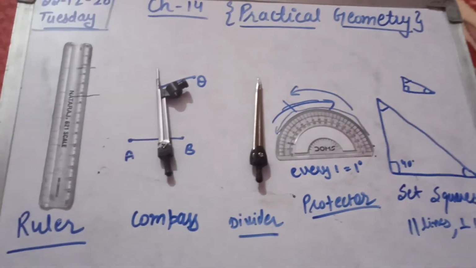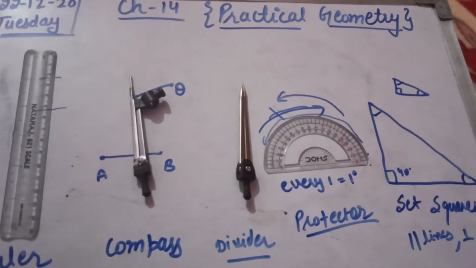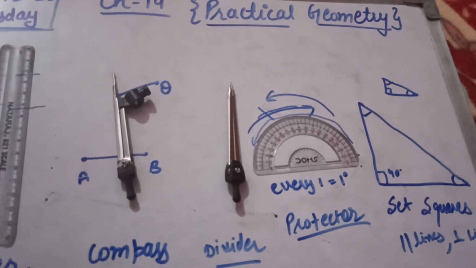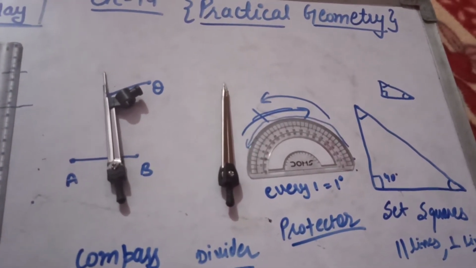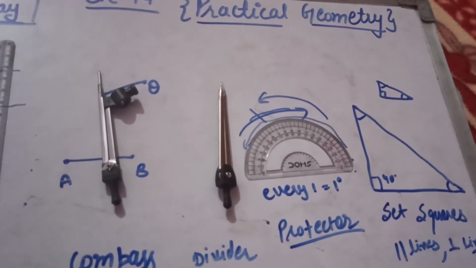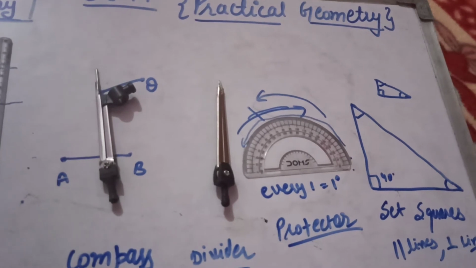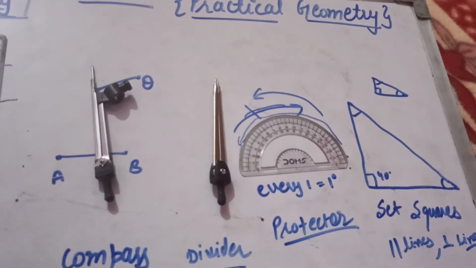In practical geometry. Now come to measuring a line segment. How will you measure the line segment? For this, to measure the length of a line segment, we will place the ruler.